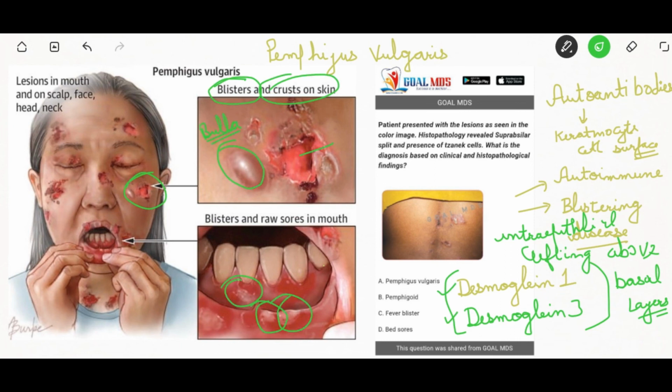When the bulla ruptures, it will leave a raw surface. A characteristic feature of pemphigus vulgaris is that a bulla can be induced on normal appearing skin if a firm lateral pressure is applied, and this is the positive Nikolsky's sign.